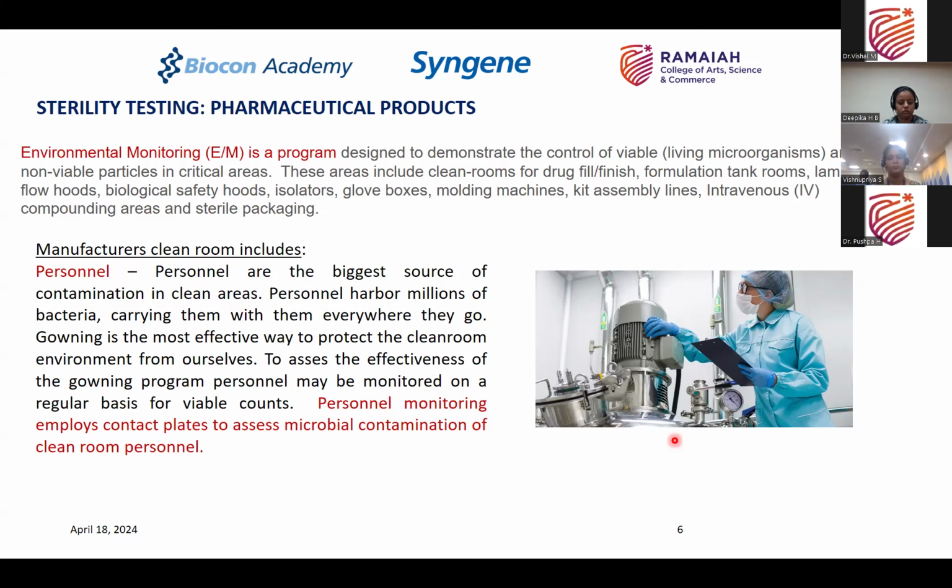One method is the contact plate method. The other is by taking swabs. Whatever the wear, gloves or gowns, the appropriate media for bacteria or fungi has to be prepared.